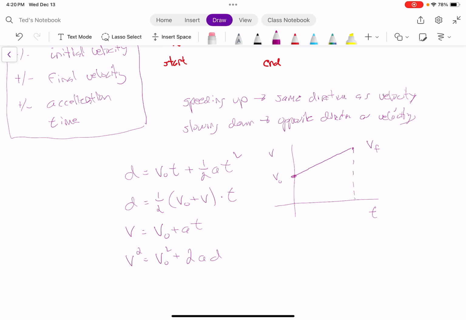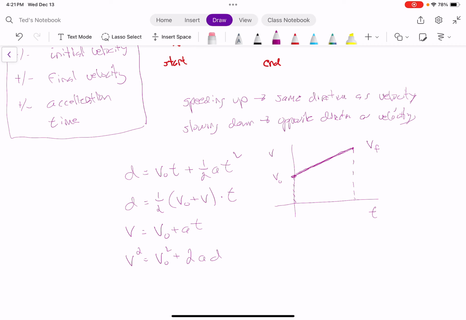So this graph can actually help us remember 3 of these 4 equations. So the first equation says that the final velocity is equal to initial velocity plus acceleration times time. And here, that is basically the equation of this line.